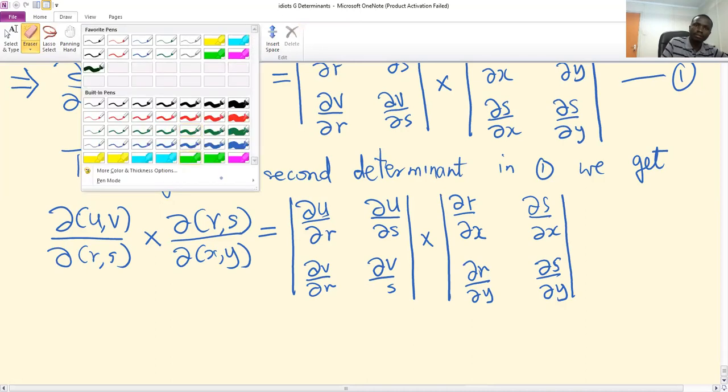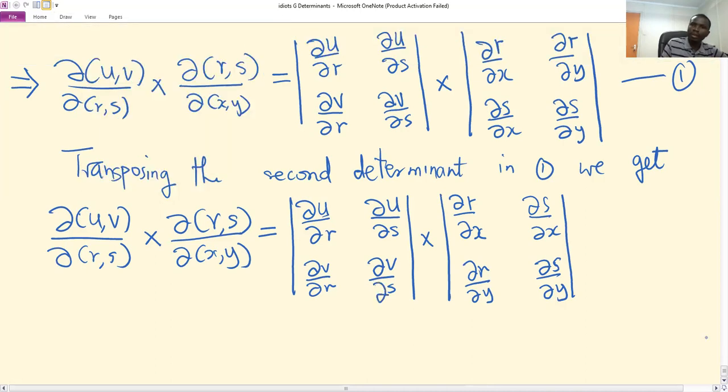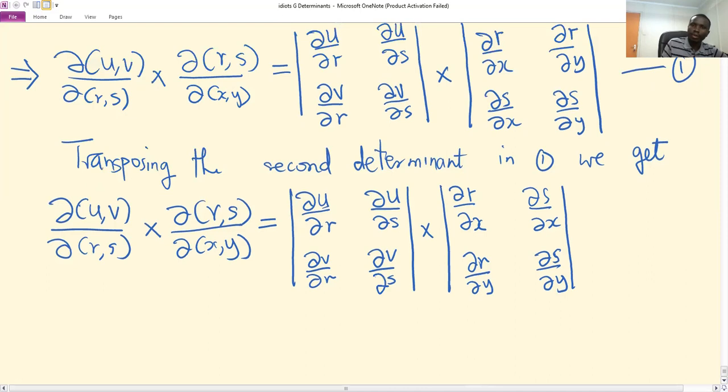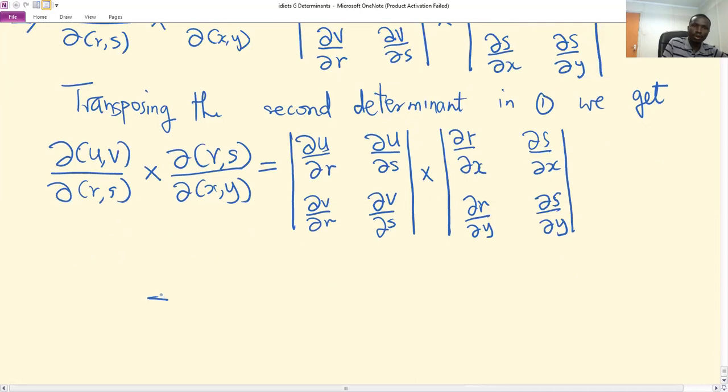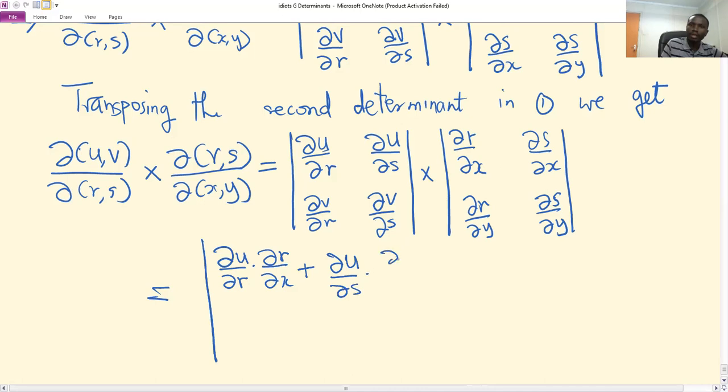Remember, when multiplying two determinants, it is row by row, not row by column. So we take this row and this row. The first element is partial u partial r times partial r partial x plus partial u partial s times partial s partial x.